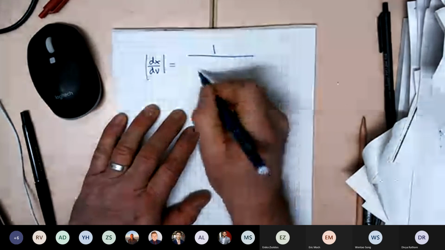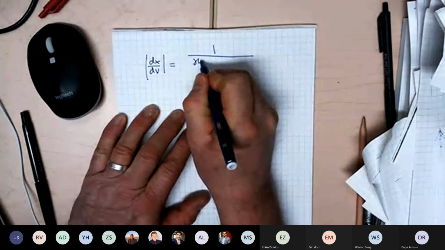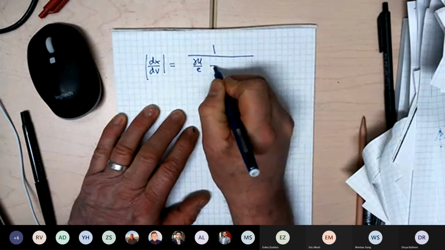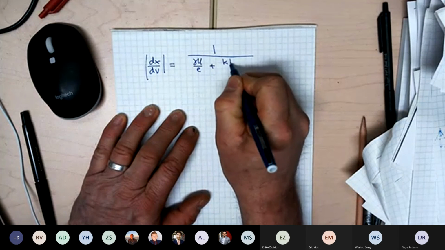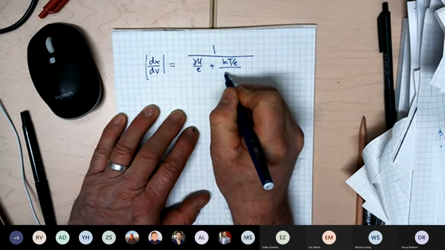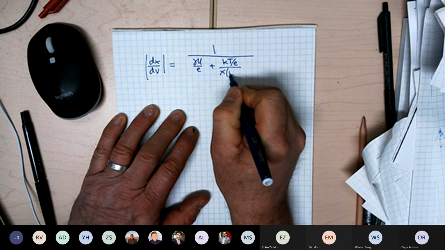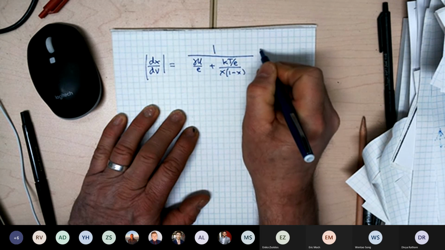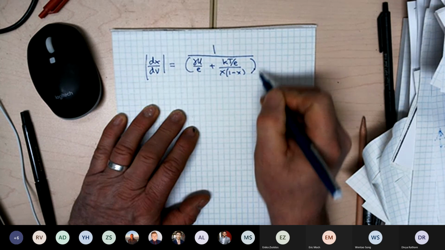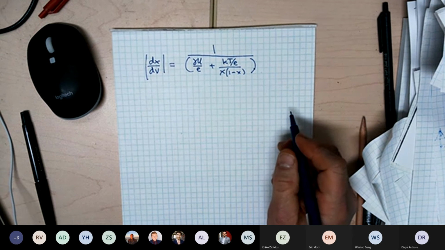It's 1 over gamma U over the electron charge plus KT over E over X times 1 minus X. That's what the differential capacity is.